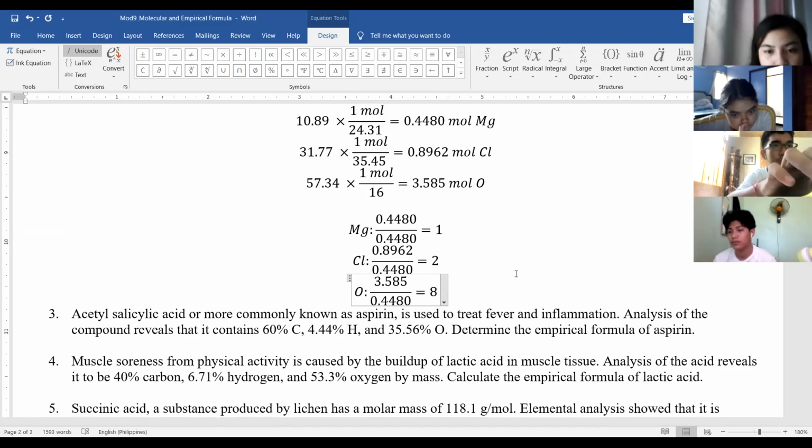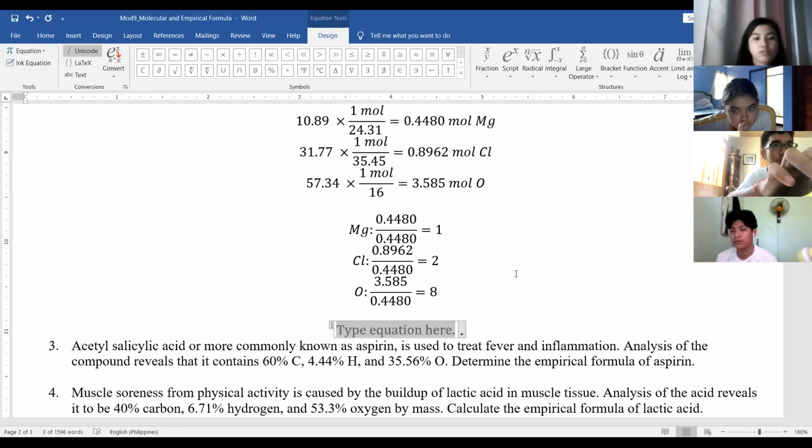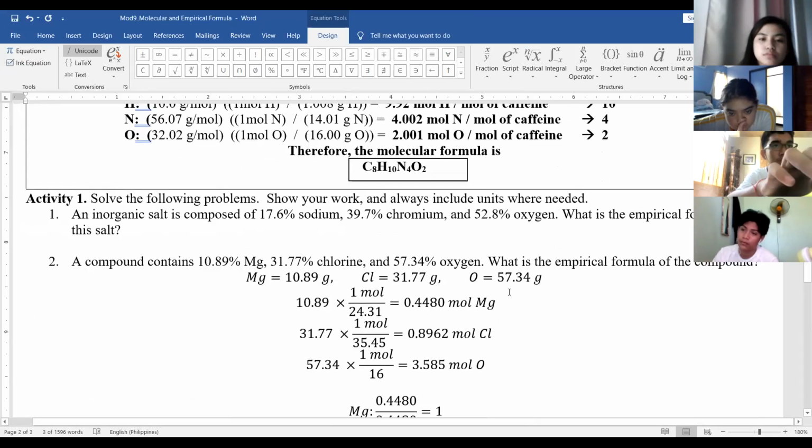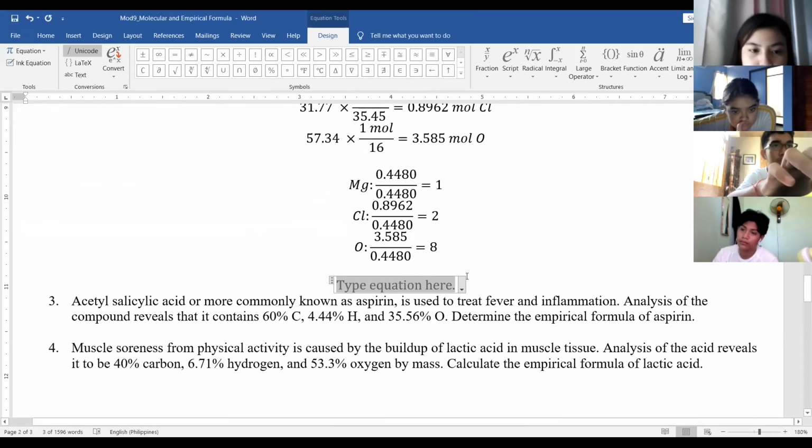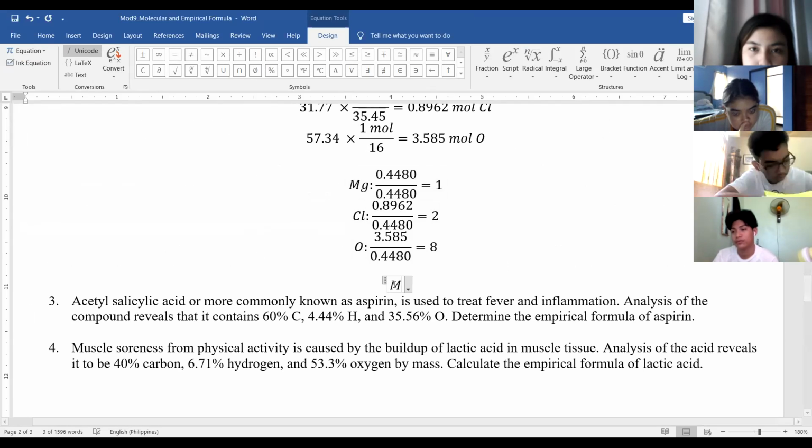I say exactly because the decimal values of 2 and 8 are nearly closer to 0. Therefore, the empirical formula of the molecule in number 2, with the subscripts that represent the result of dividing the moles of each element, we have magnesium with 1, so you need not write 1, with chlorine having the subscript of 2, with oxygen having the subscript of 8.